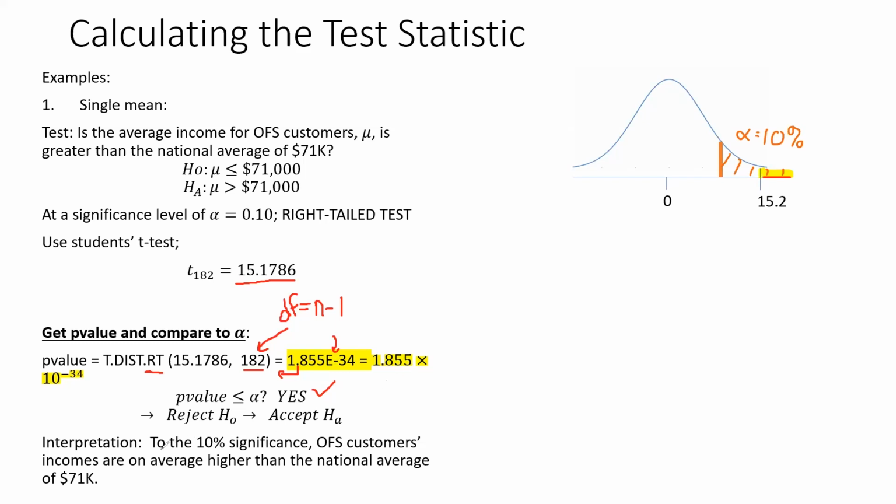But it is perfectly okay to refer back to the alpha where we set the bar before actually looking at the data. So we could say, at the 10% significance level, OFS customers' incomes are on average higher than the national average. And notice that I restate the alternative in that interpretation. I've accepted the alternative now, so I use that when I write my interpretation.